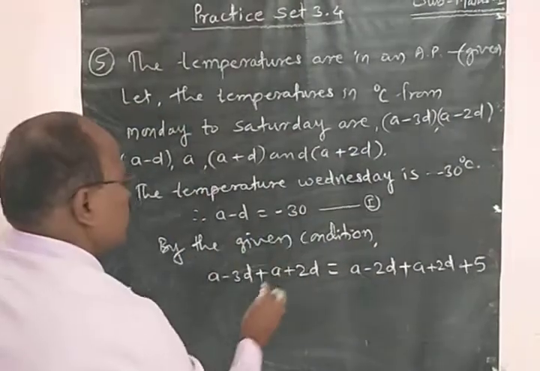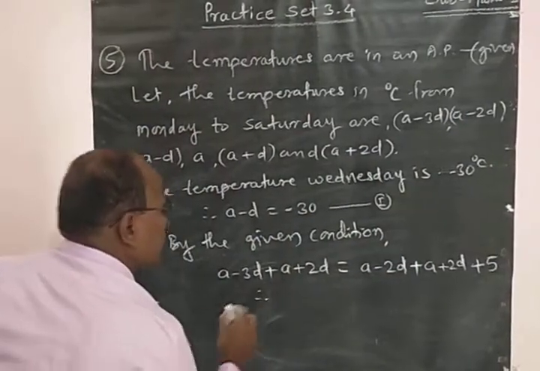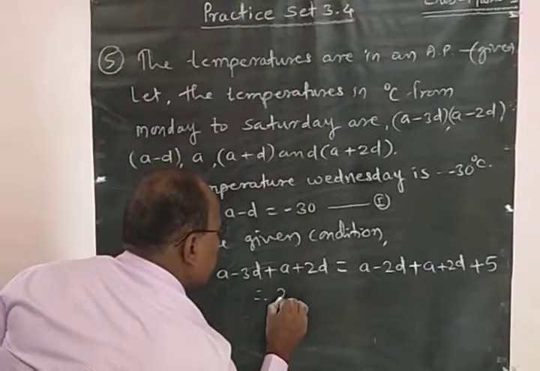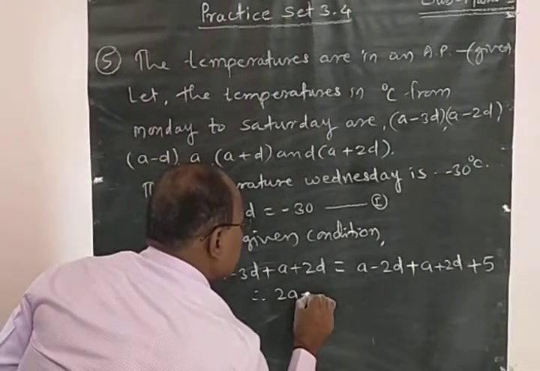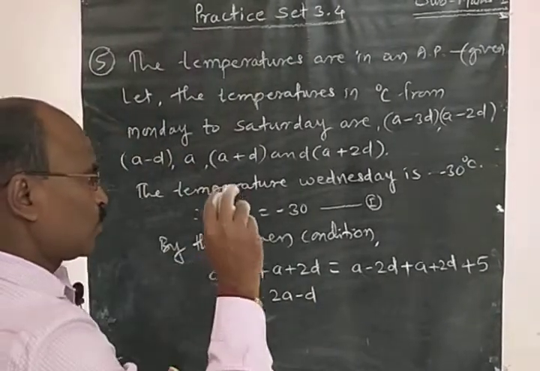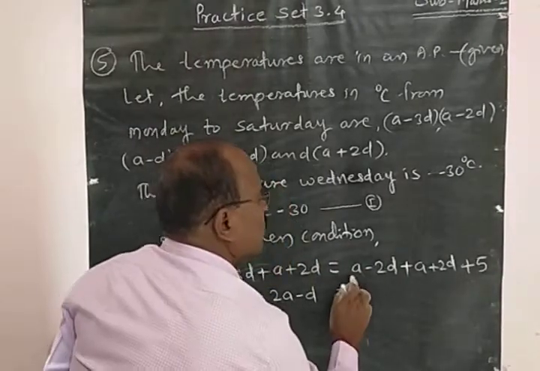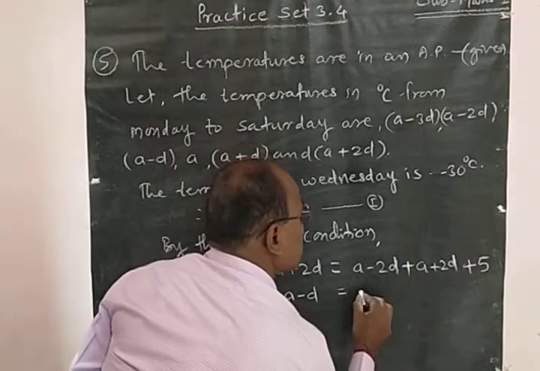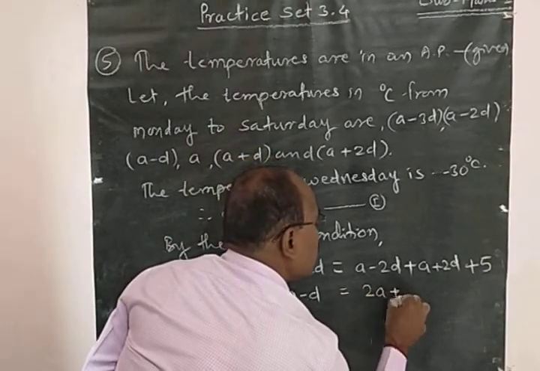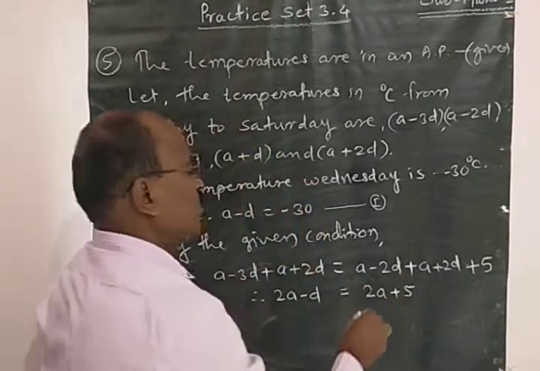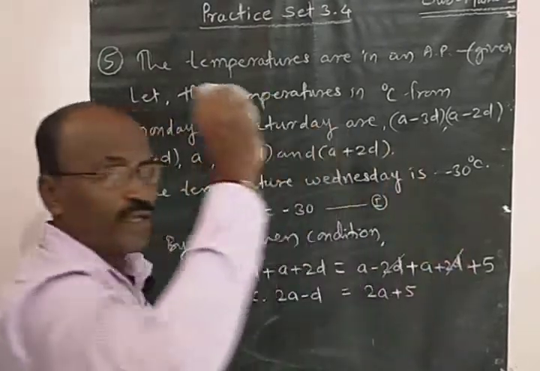So here we will get 2a minus d is equal to 2a plus 5 minus 2d plus 2d, which cancel.